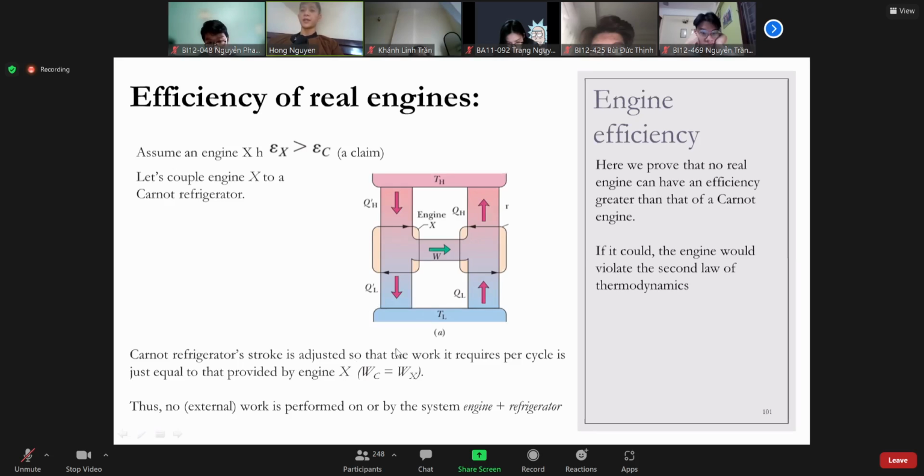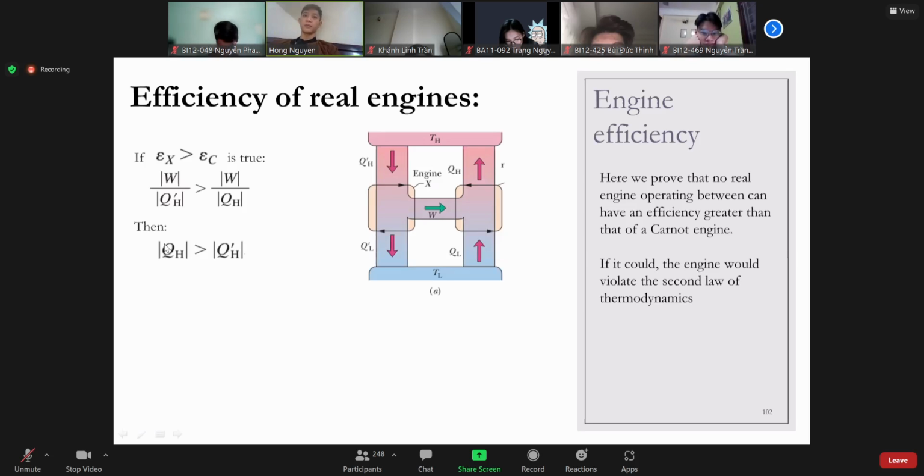So what we have here is the work of the Carnot refrigerator equal to the work provided by our engine in magnitude. Then there's no external work performed on or by the system of engine and refrigerator. So you understand? We couple this one and this one. What to do?